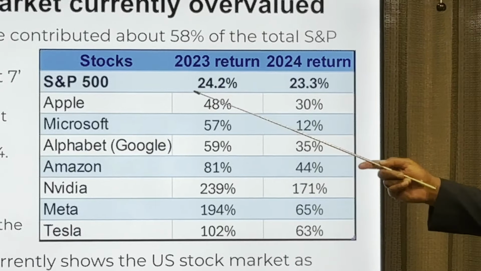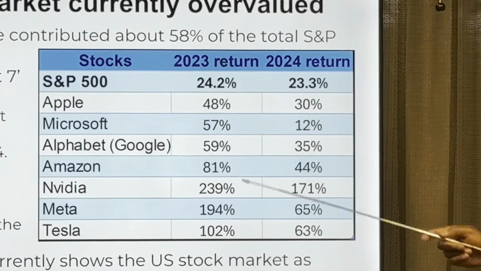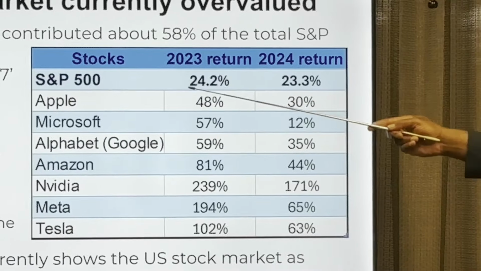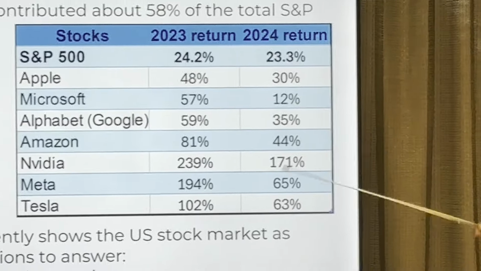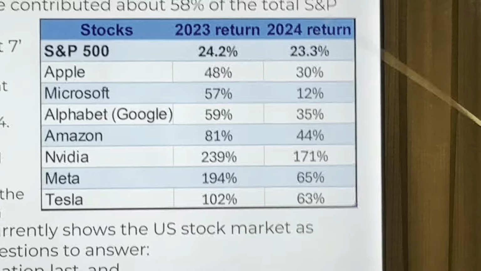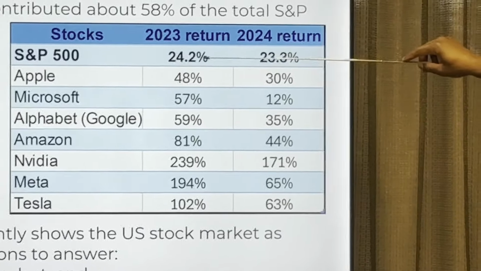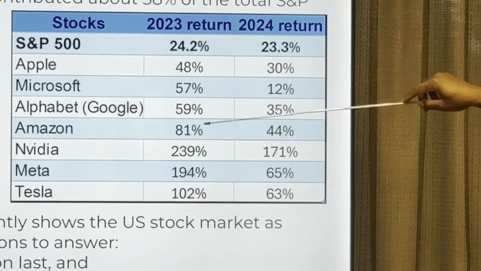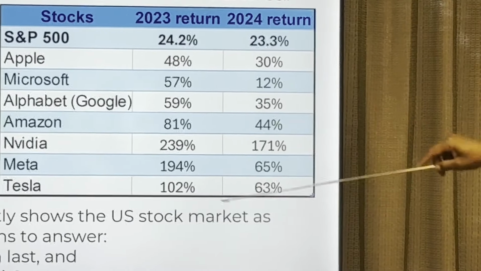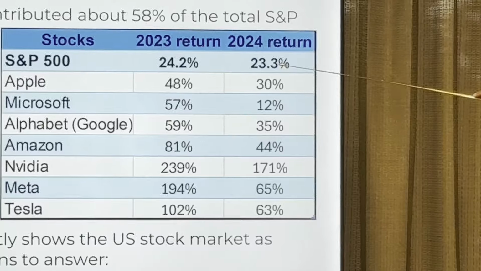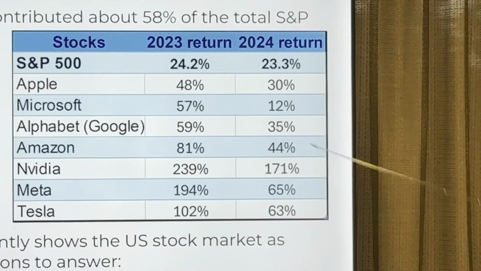Let's look at their performance over the last 2 years. In 2023, the market as a whole grew 24.2%. In 2024, it grew 23.3%. But each of these stocks did phenomenally better than the overall market in 2023. Only one of them performed less than the market in 2024.